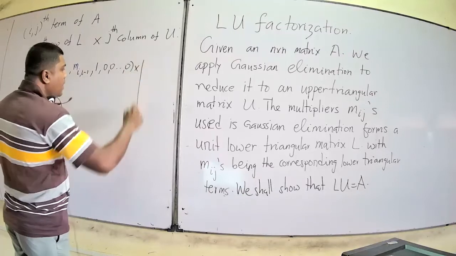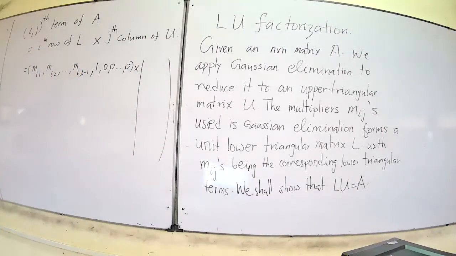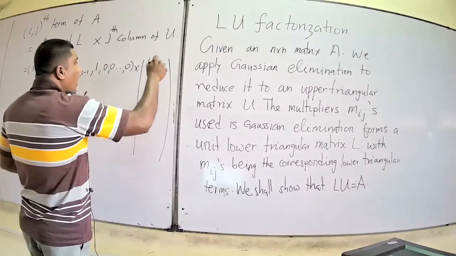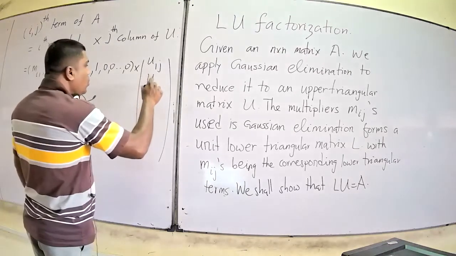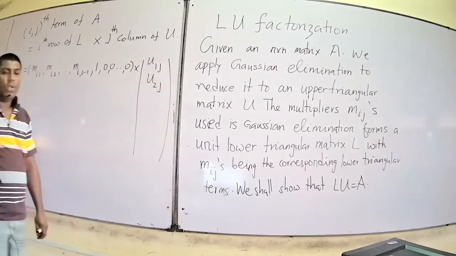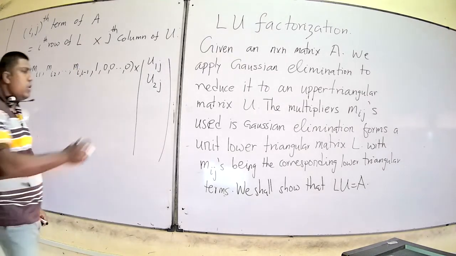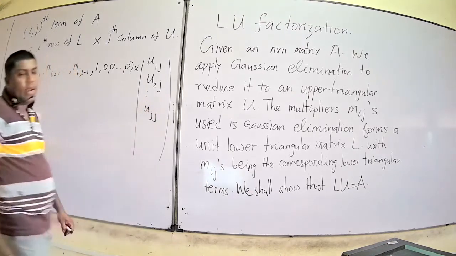You multiply this with the column of U. U is an upper triangular matrix. The first component is U1j, first row jth column. The second component is U2j, second row jth column. You are looking at the jth column only, all the way up to Ujj, which is the diagonal term.